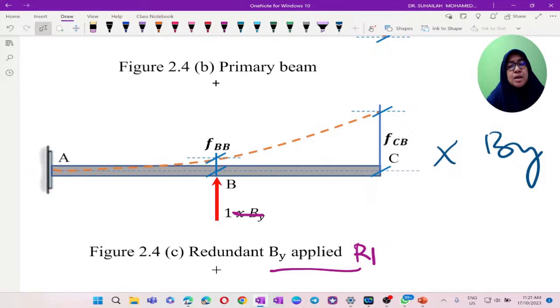And remember, whenever it is a redundant diagram, for the delta or the theta, we have to use F. F stands for flexibility coefficient.